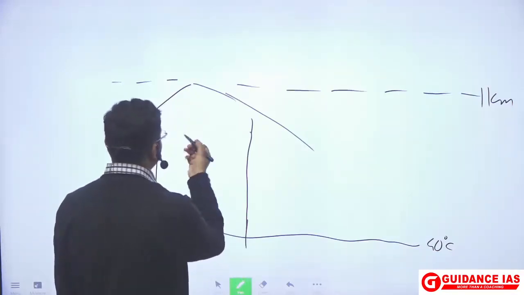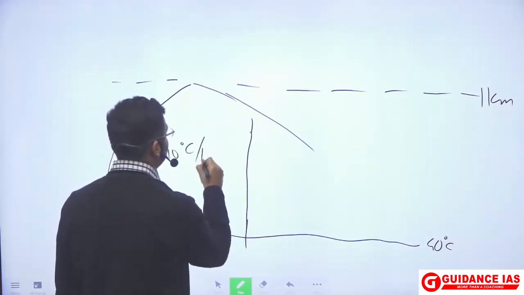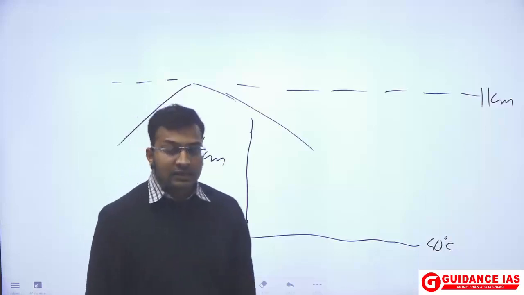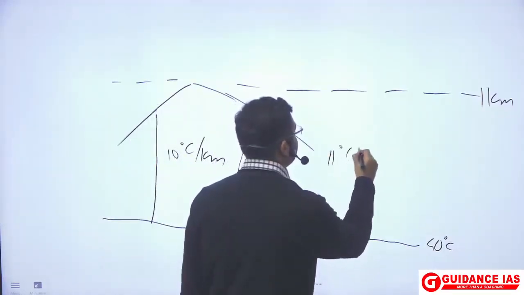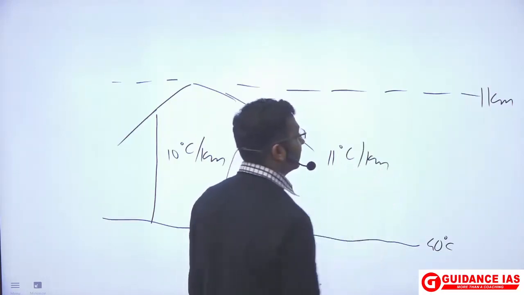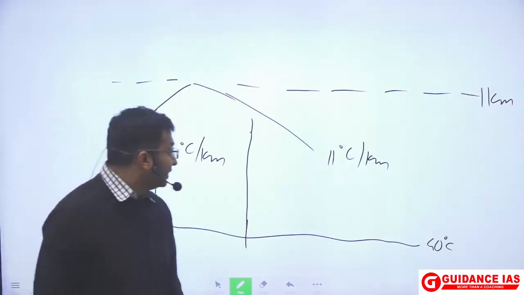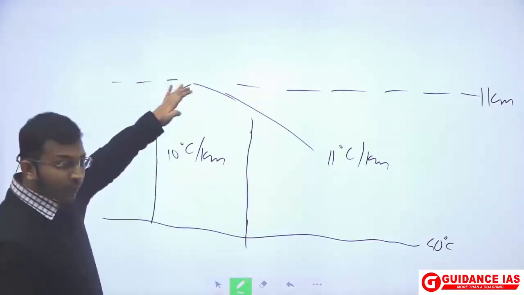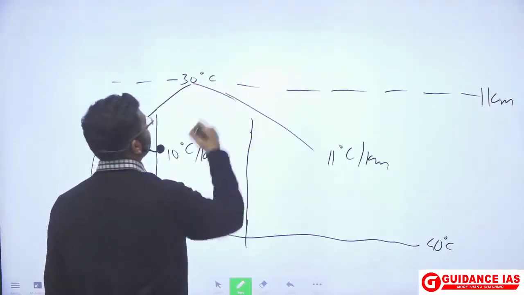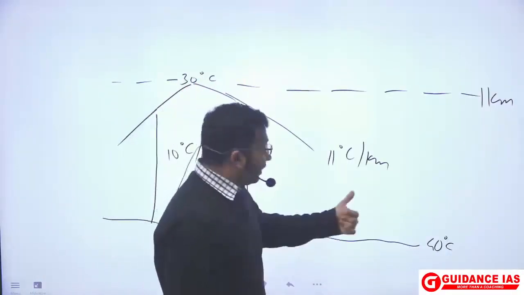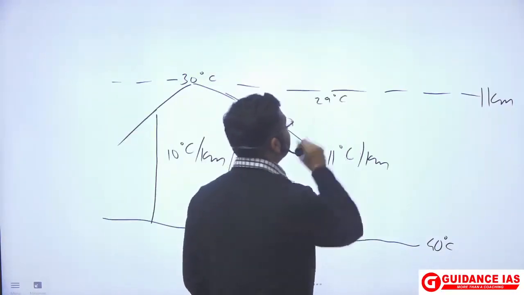Let's say it's around 10 degrees Celsius per kilometer only, and that of the surrounding environmental air mass is around 11 degrees Celsius per kilometer. Now, at a height of about 1 kilometer, this will be again 30 degrees Celsius, but the surrounding environment will be 29 degrees Celsius.